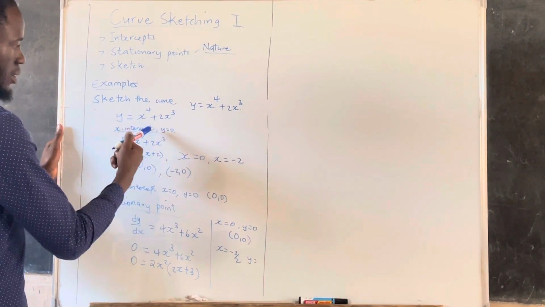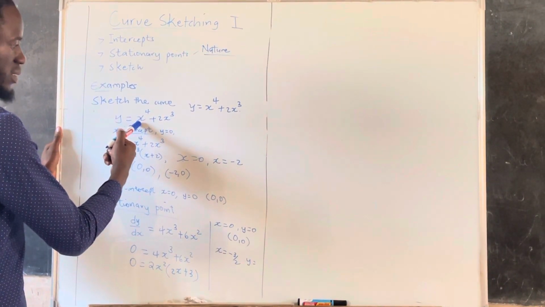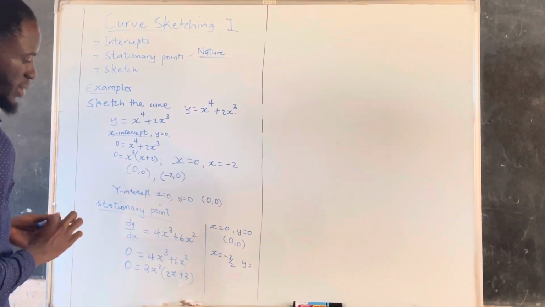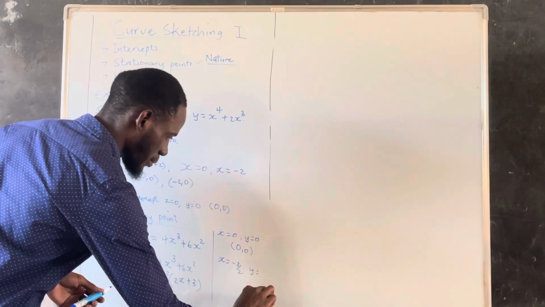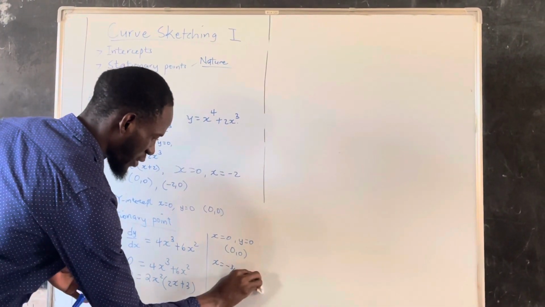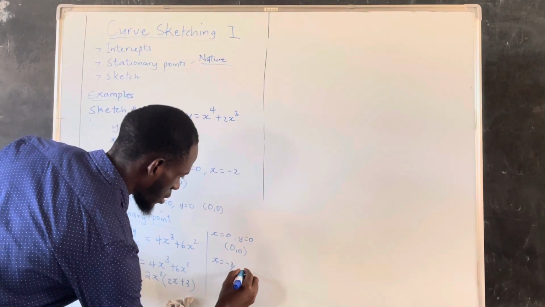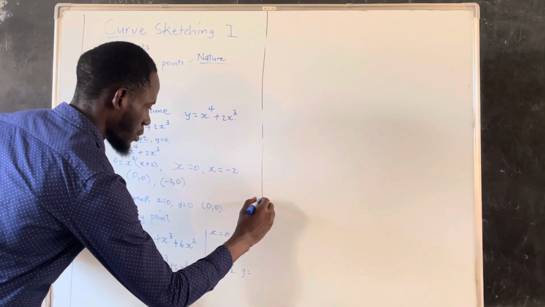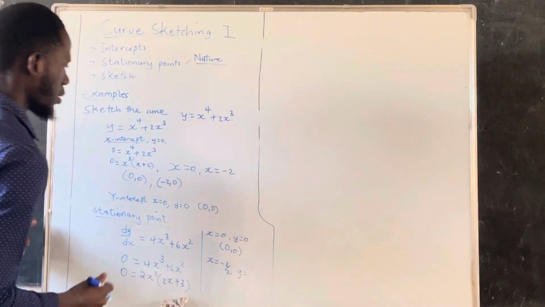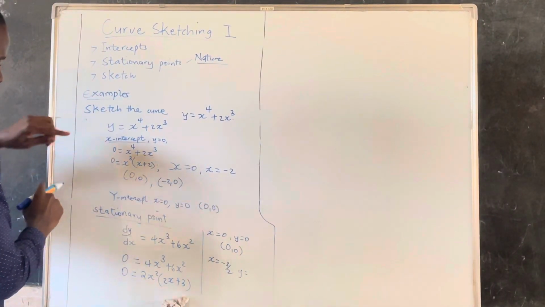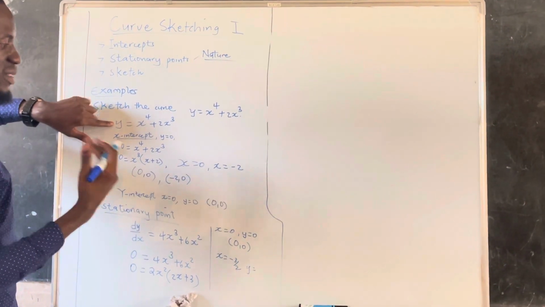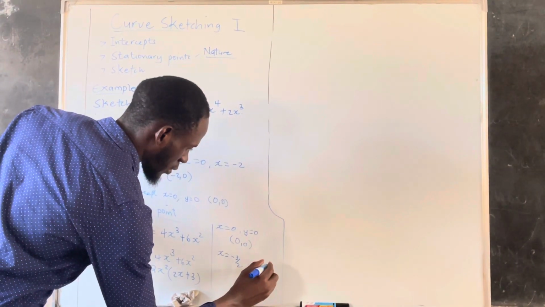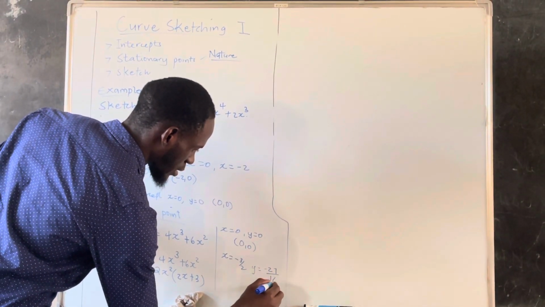You substitute negative 3 over 2 and you get the value of y. We are substituting in the y, because we want to get the value of y. Negative 27 over 16.